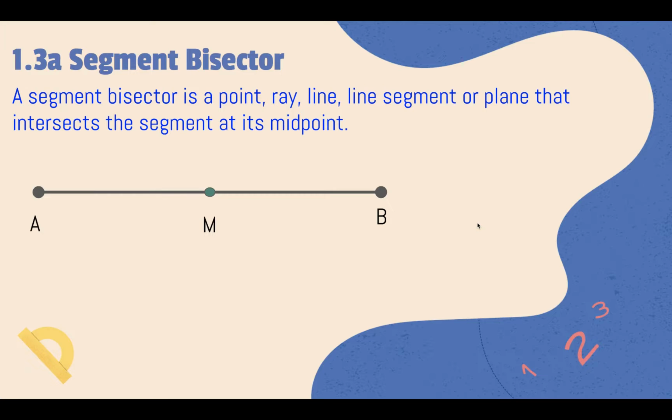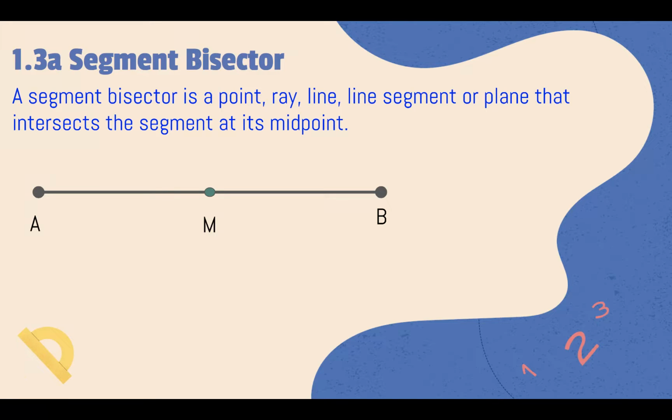Now let's move to what a segment bisector is. A segment bisector is a point, ray, line, segment, or plane that intersects the segment at its midpoint. Bisect basically just means to cut in half. Bi means two, like a bicycle, two wheels. Bisect means you intersect it and you cut something into two.